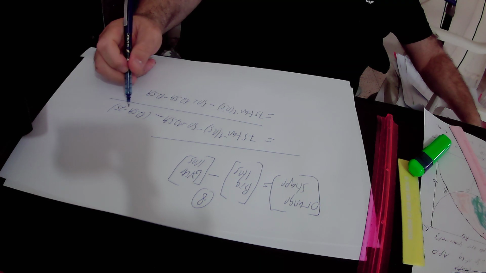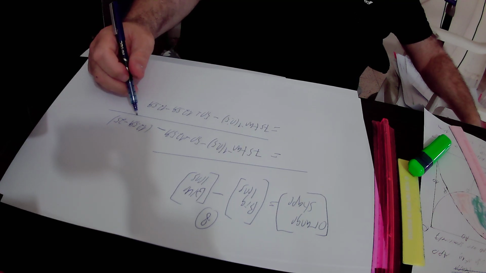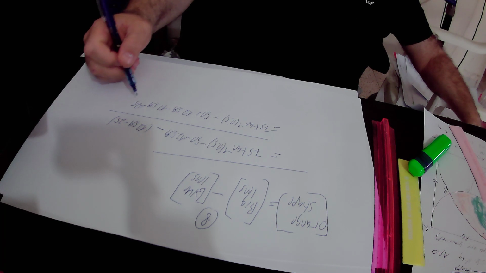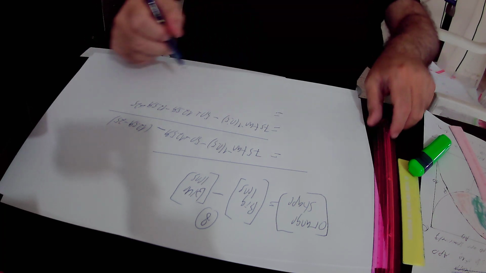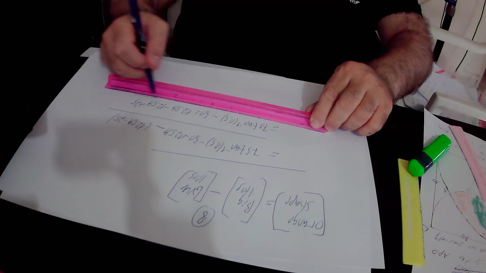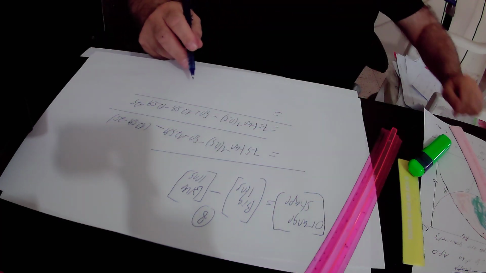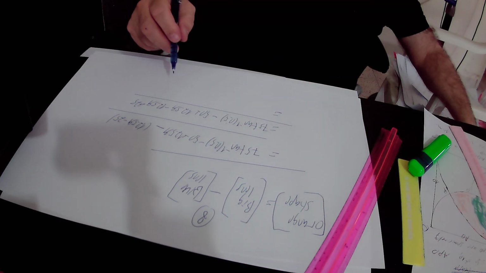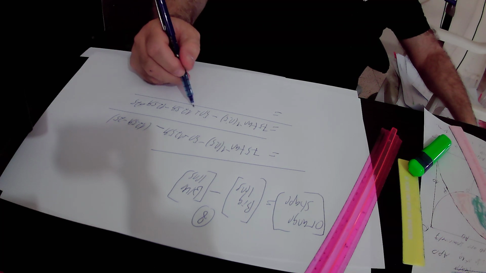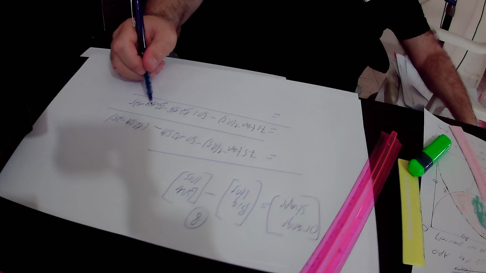Here we have minus and minus is plus, so it is plus 25. 12.5 pi minus 12.5 pi is 0, so those two expressions will get cancelled.